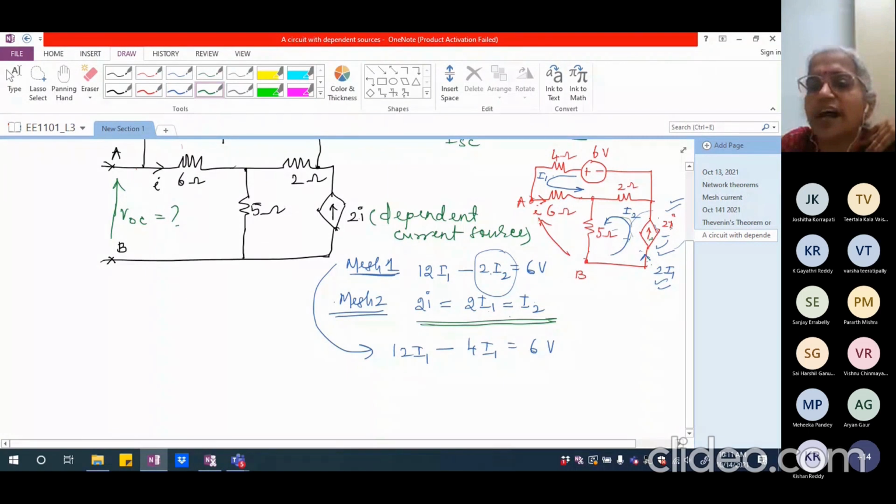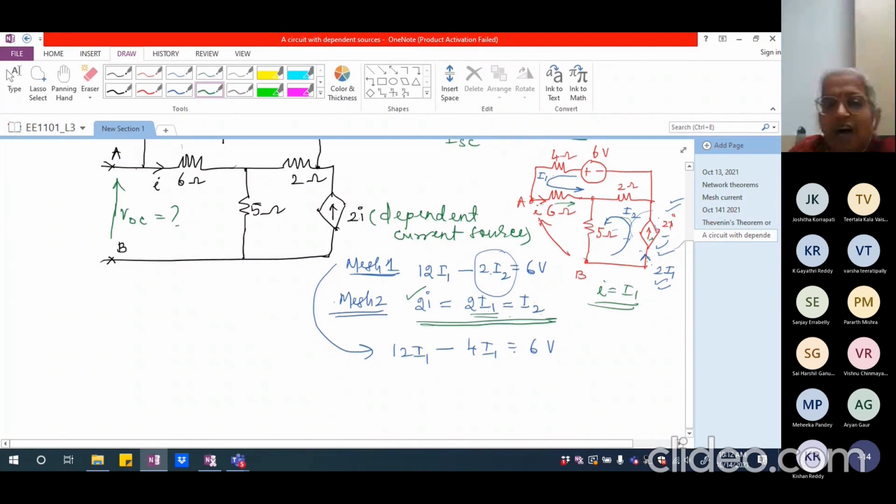And this 2I is same as what is the current that is flowing through the 6 ohm resistance, and that is small I itself, and that is same as I1. There is no other current flowing through 6 ohm resistance. That is the reason why I am able to write simply 2I, and I is after all equal to I1. So I can write 2I is same as 2I1, which is also incidentally equal to I2.